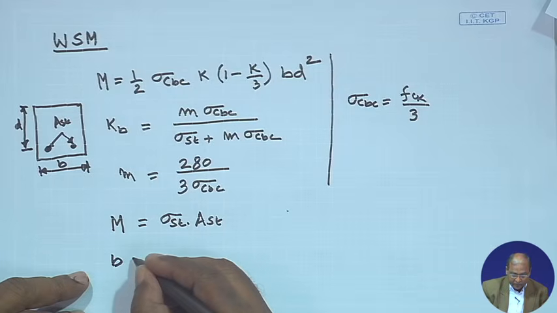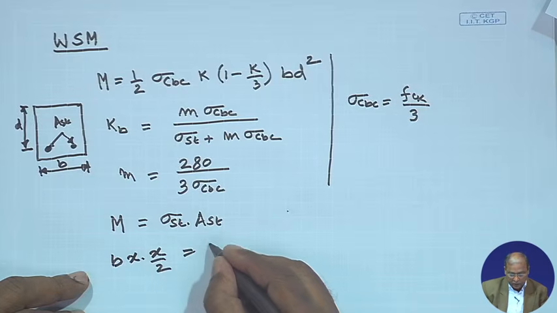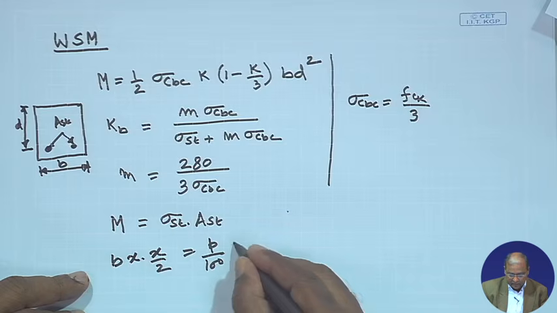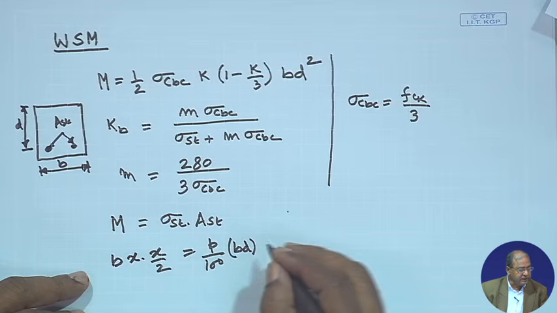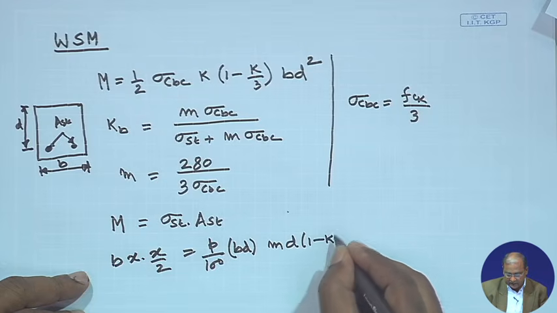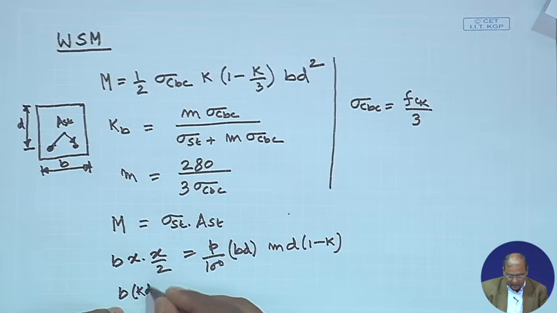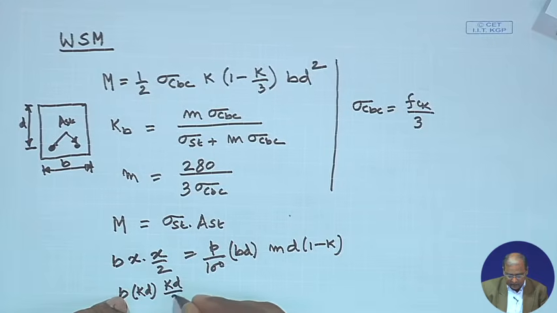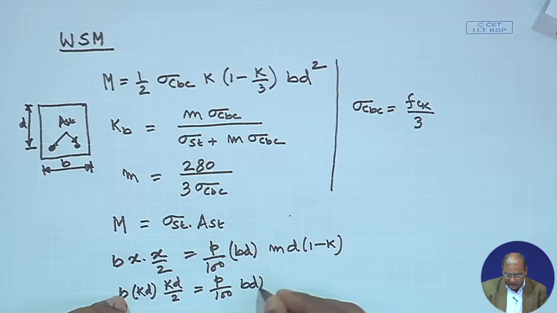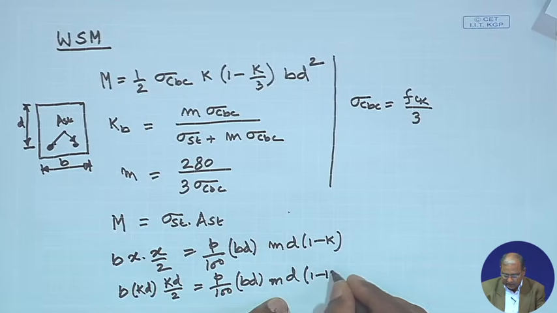So, let us write down this equation here also. b x into x by 2 equal to p by 100 b d, percentage of steel, m d (1 minus k), or b k d by 2 equal to p by 100 b d m d (1 minus k).